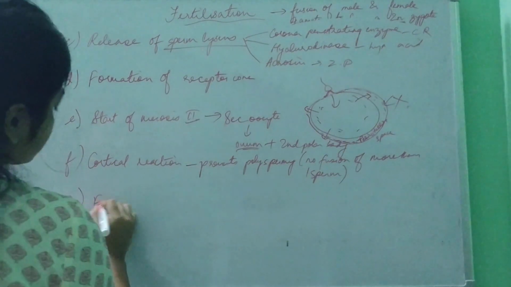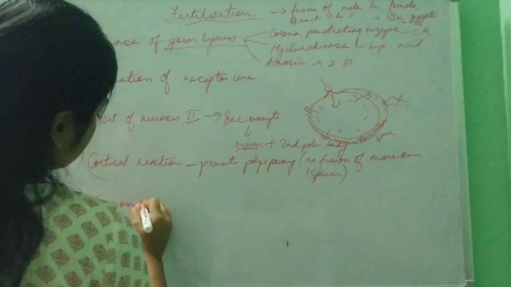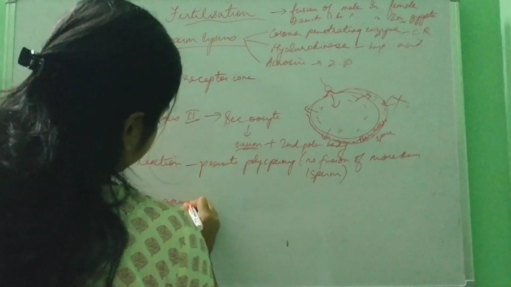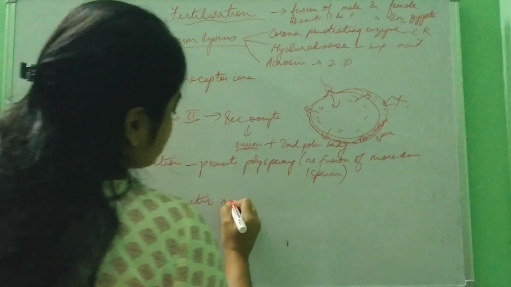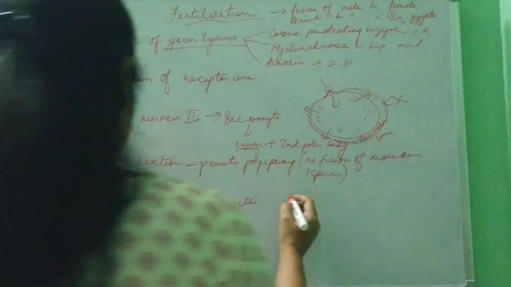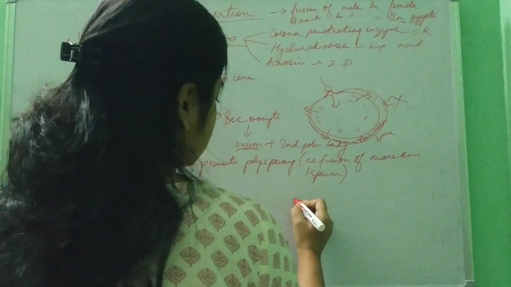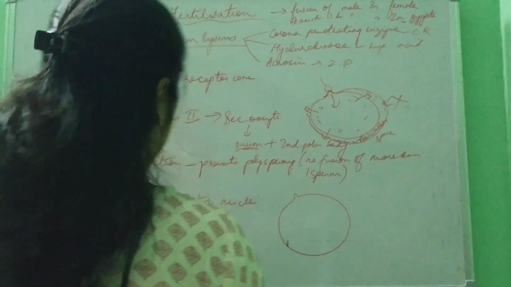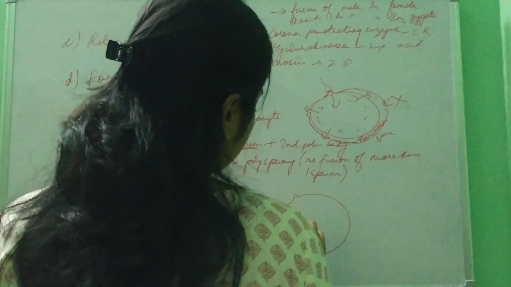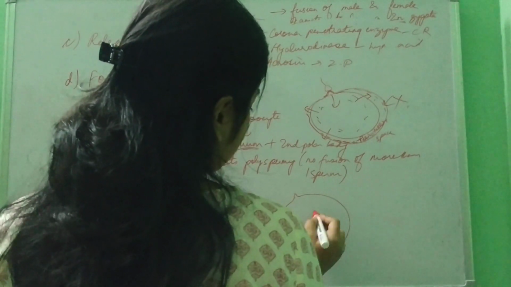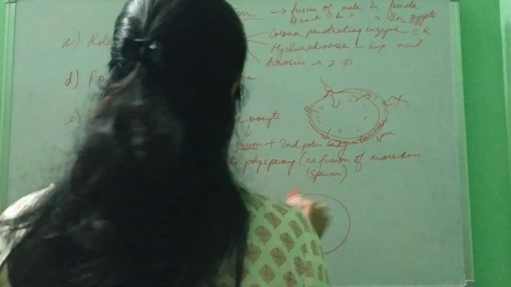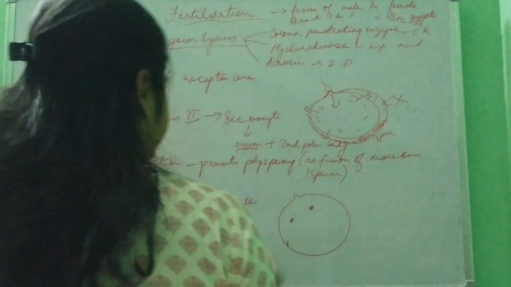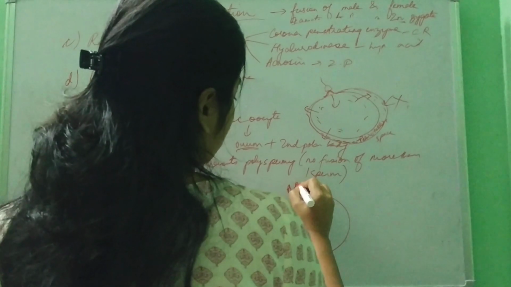Next is fusion of gametic nuclei. This is the final step. Now what are gametic nuclei? This is the conical structure. This is the egg. Here will be the sperm nucleus, and here will be the egg nucleus. This is the animal pole.